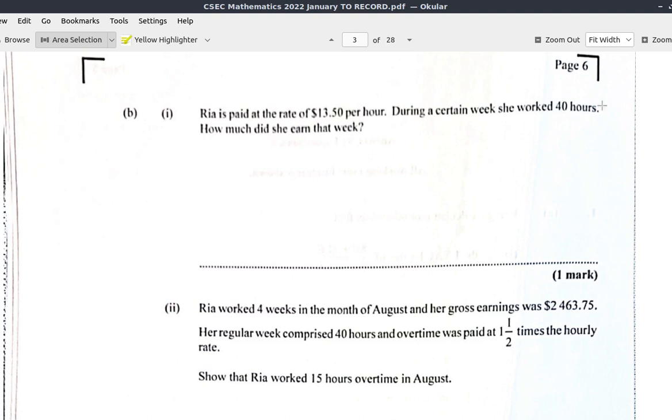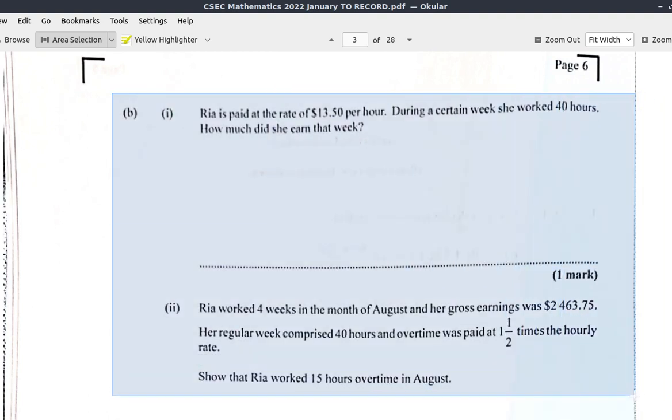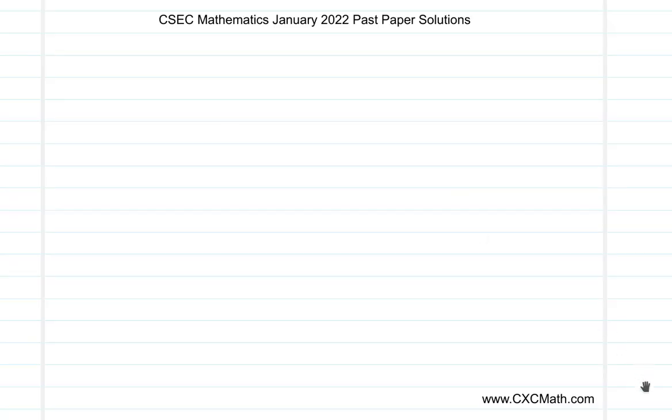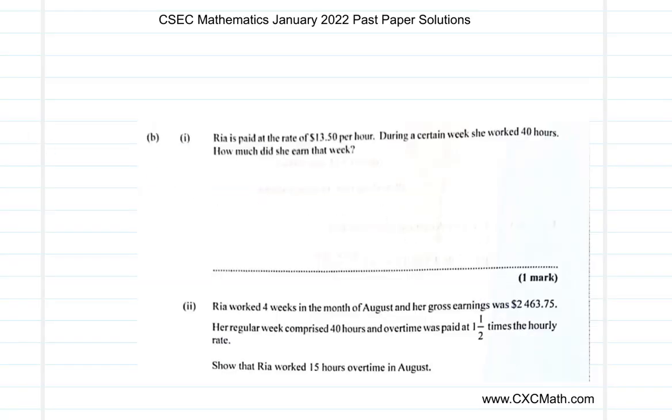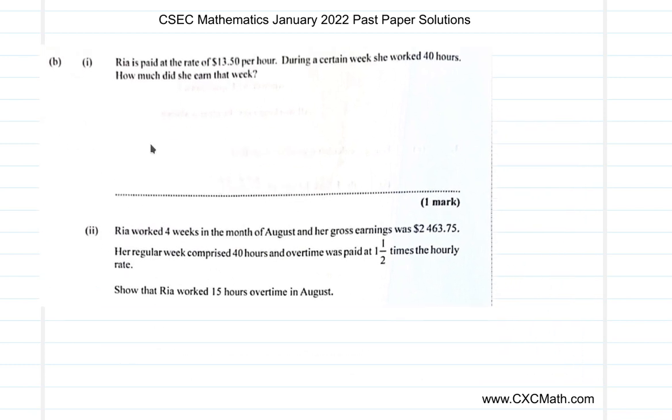During a certain week, she worked 40 hours. How much did she earn during that week? Alright, let us copy and paste this part of the question. Put it here. So, $13.50 per hour, 40 hours per week, is going to be $13.50 multiplied by 40.